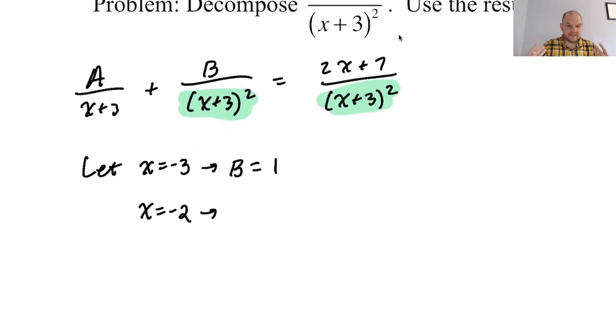Your life gets a lot simpler. So we'll end up with a over 1, plus b over 1, but b we know is 1, and then -4 plus 7 is 3 over 1. So here I know that a is 2.